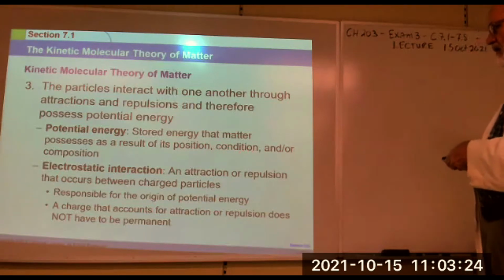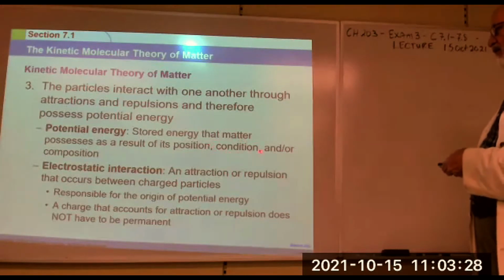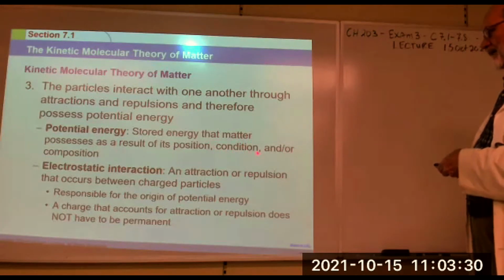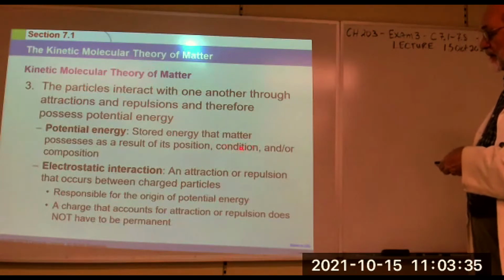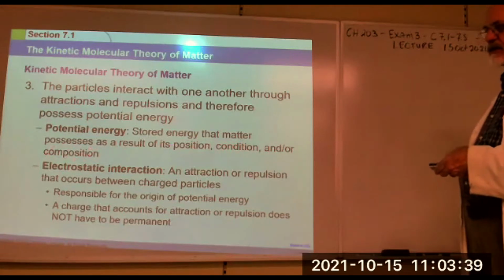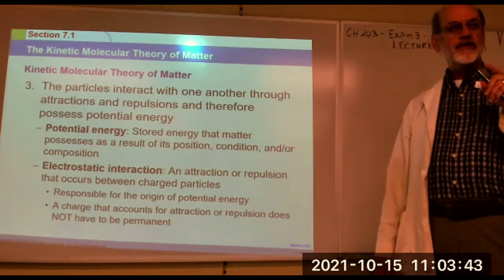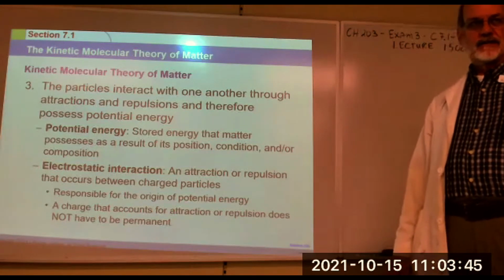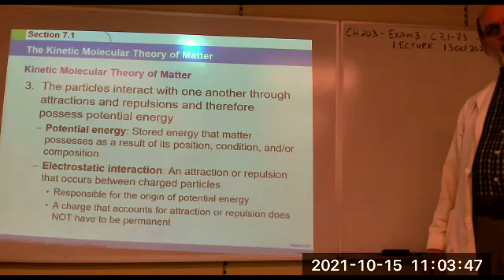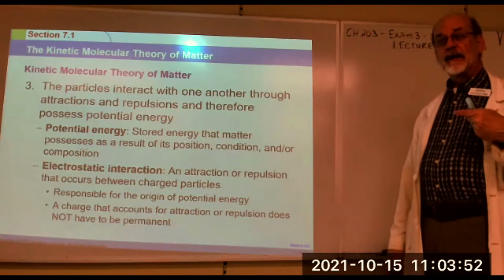Condition is a little more difficult to wrap my brain around. So we can say condition and/or composition. In chemistry, composition is more important. Composition refers to bonding. There's energy stored in the bond between two atoms.